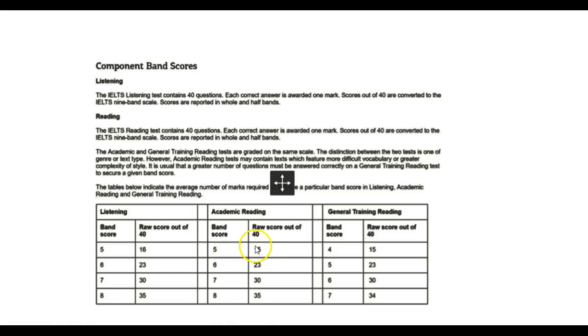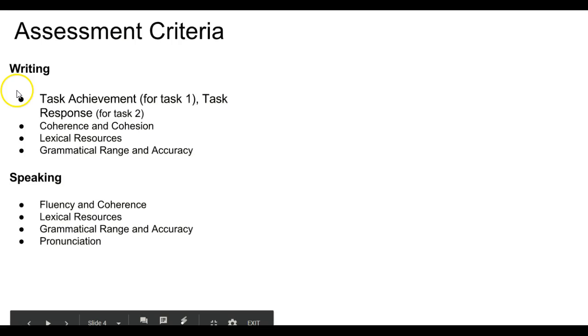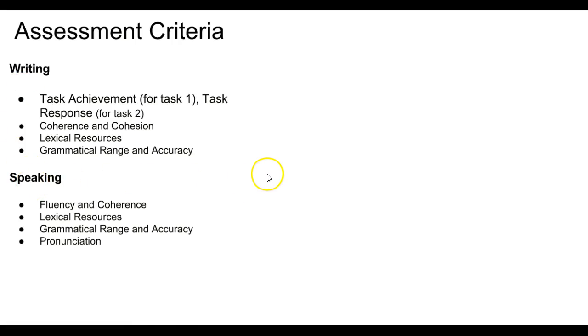For example, if you get a 30 out of 40 in the academic reading section, then your band score is going to be a 7. So in order to score a 7, you can only make 10 mistakes. And same with listening. For the writing and speaking sections, there is a certain criteria.